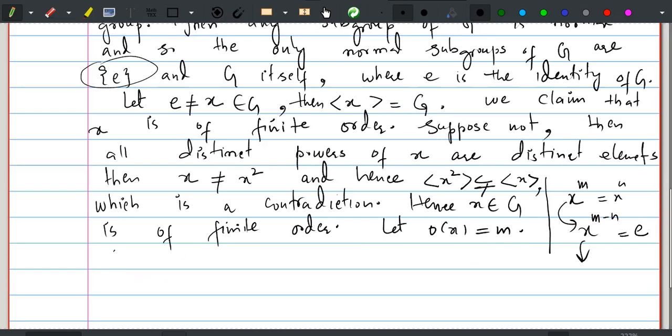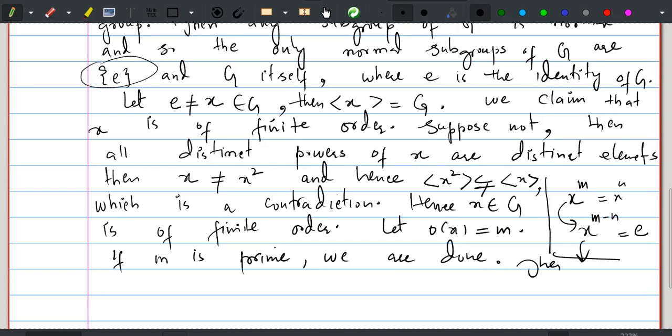If m is prime, we are done. Therefore assume that m is a composite number.